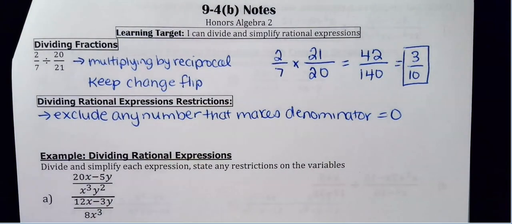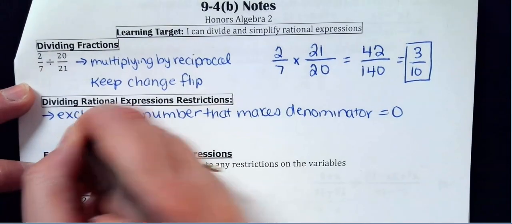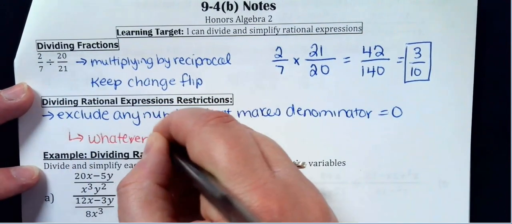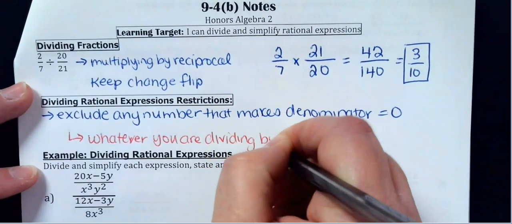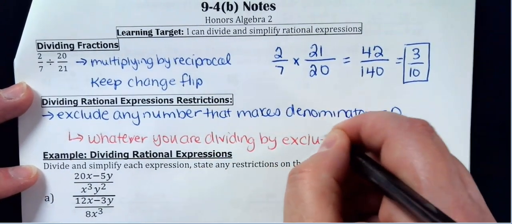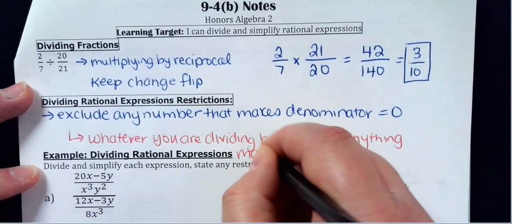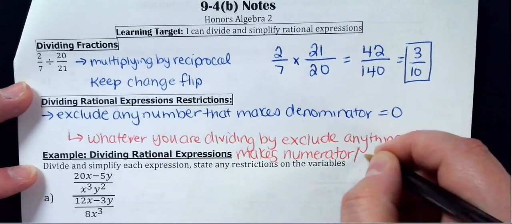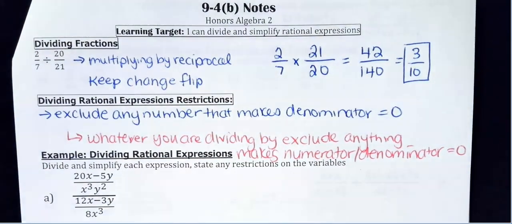So in this case, if you are dividing, because we're going to do our keep, change, flip, whatever the second fraction is, whatever you're dividing by, you want to exclude anything that makes the numerator or the denominator equal to 0, because you're going to flip that fraction over.